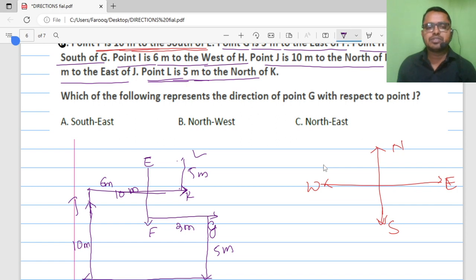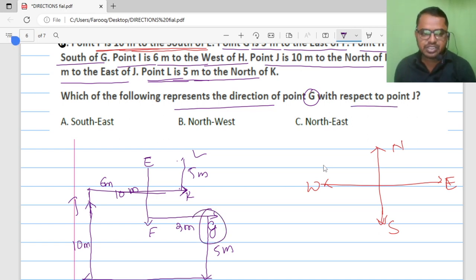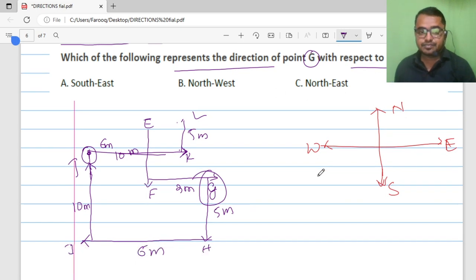Yes. Which of the following represents the direction of G? Direction of G. Where is G here? G is here, with respect to J. J is here. With respect to J, it is clear from the diagram that the direction of G with respect to point J is here. Once again, this is J, and point J is here.